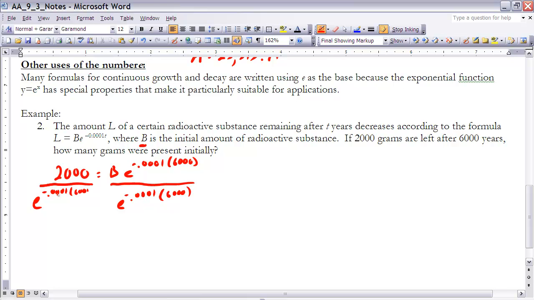This is what I'm going to put in my calculator, the stuff on the left. This cancels out, so B is equal to that. Let's put that in our calculator and see what the value would be for B.